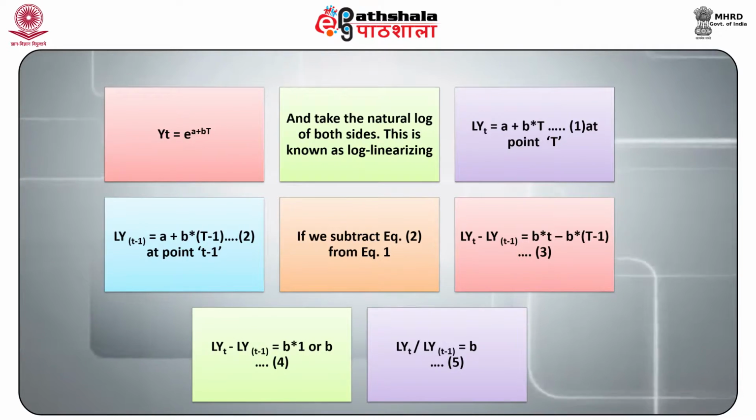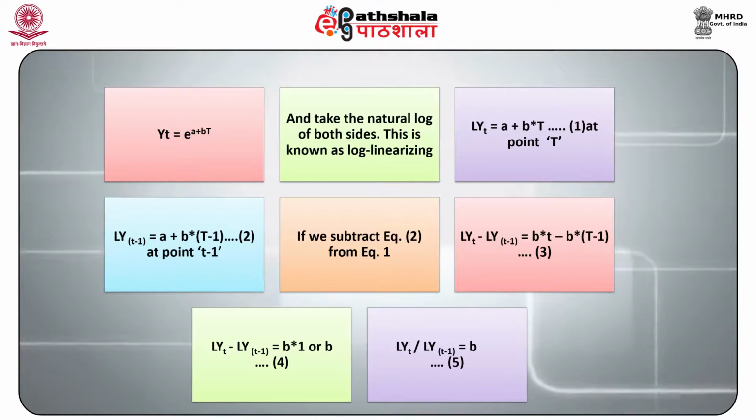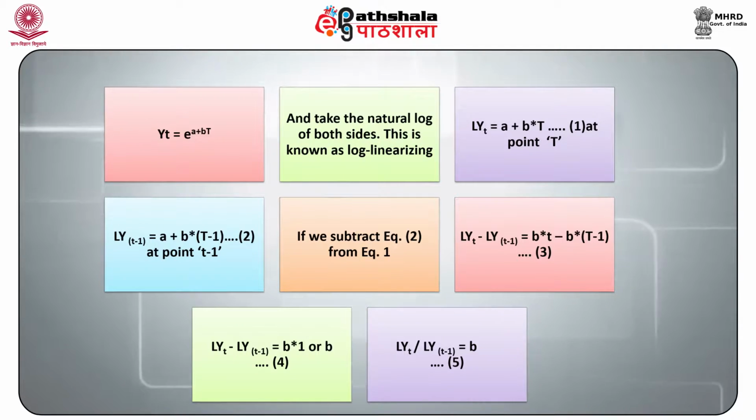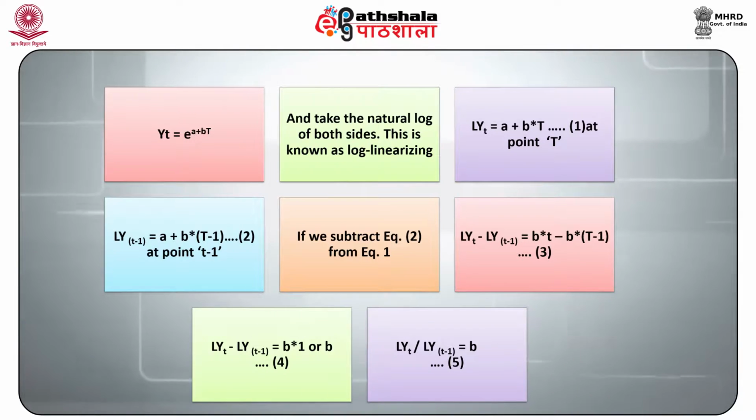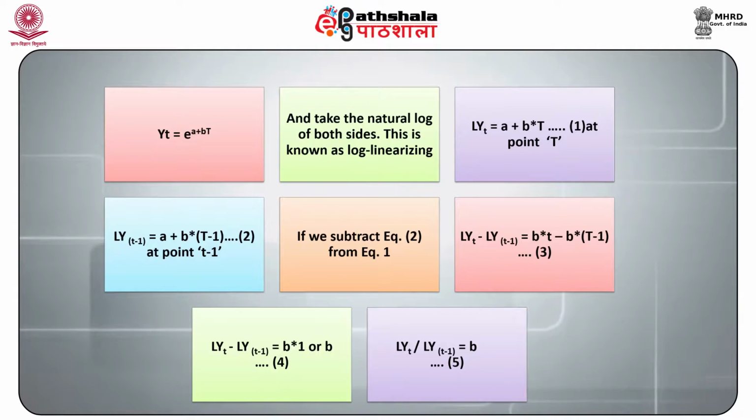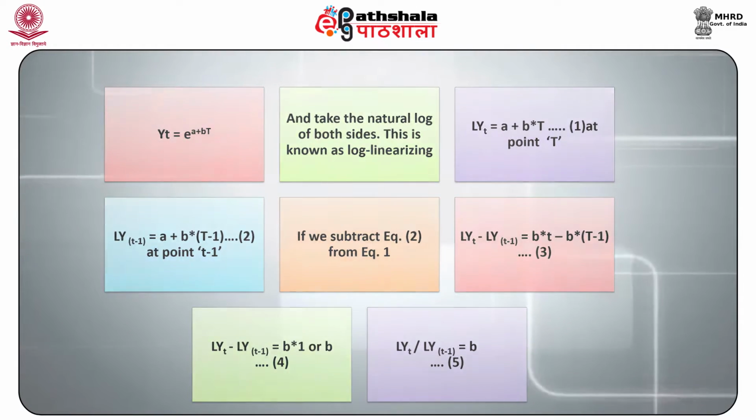Since on the right-hand side we basically are left only with b, therefore on the left-hand side, in log terms, this would actually be the log of y_t upon y_(t-1).